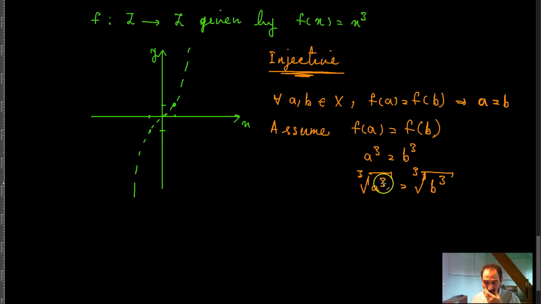we have no problem here, because suppose that you take, for example, the cube root of 8, it's going to give you a 2, right?